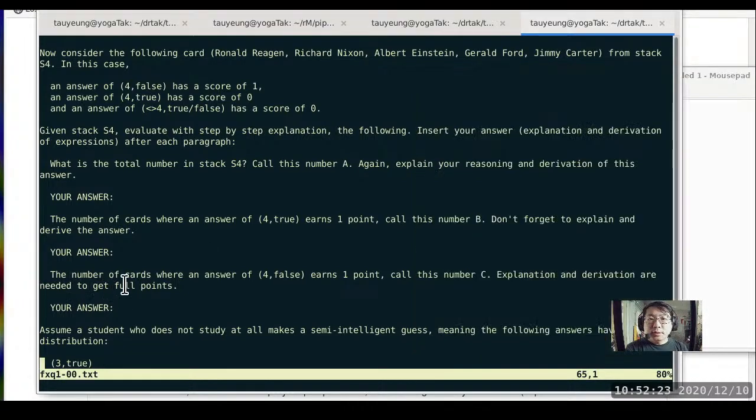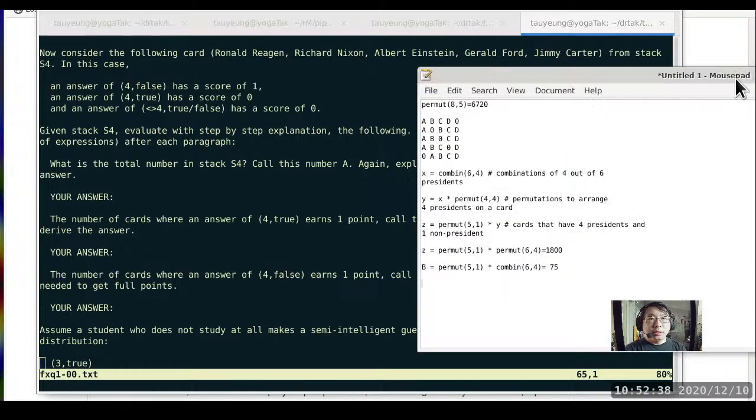And then the next one says, the number of cards where the answer of 4 false would earn 1 point. So that means there are 4 presidents, but everything in the stack S4 has exactly 4 presidents. But in this case, we want the ordering of the presidents to be incorrect.